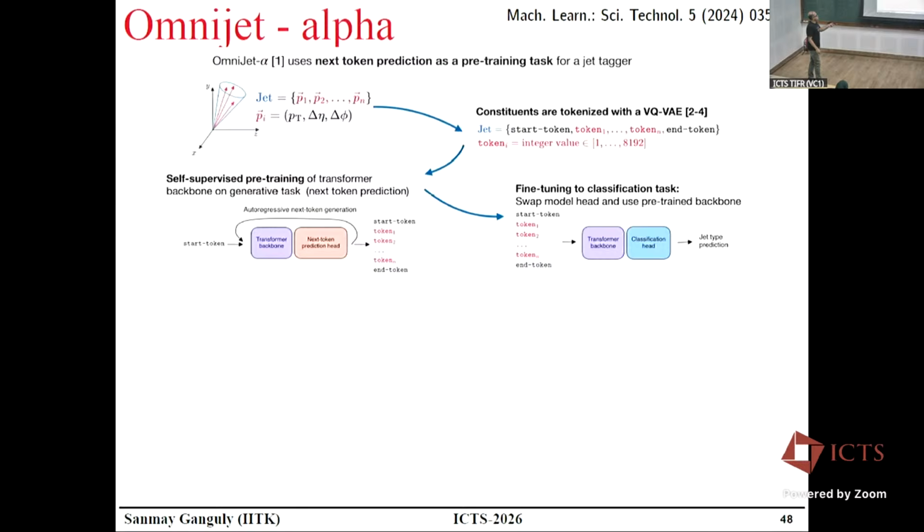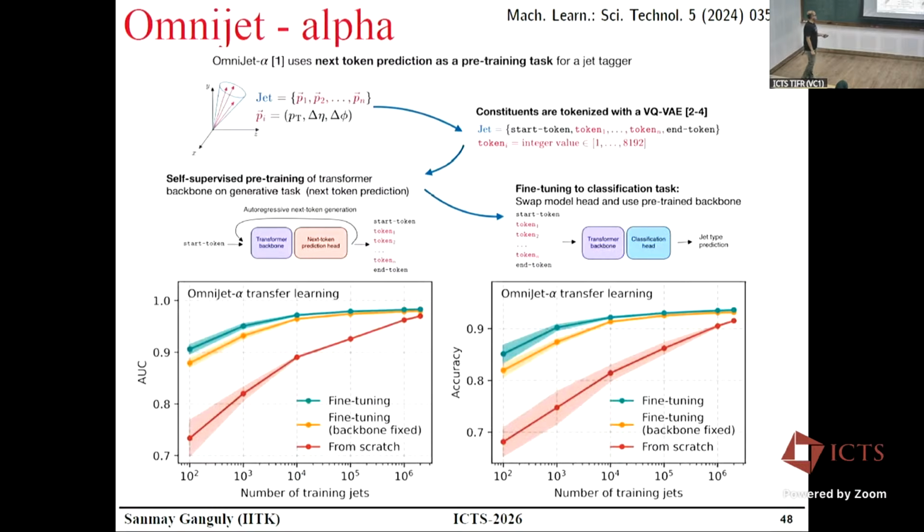So here is the tokenization of a jet. And then once you have trained a foundation model, how do you gain? If you have to start every model from scratch, you see what sample size you require and how slow the performance growth is.